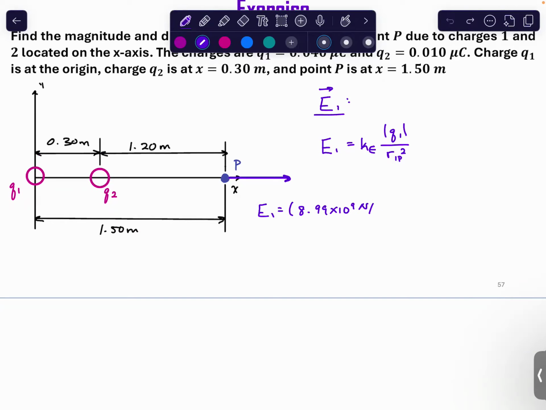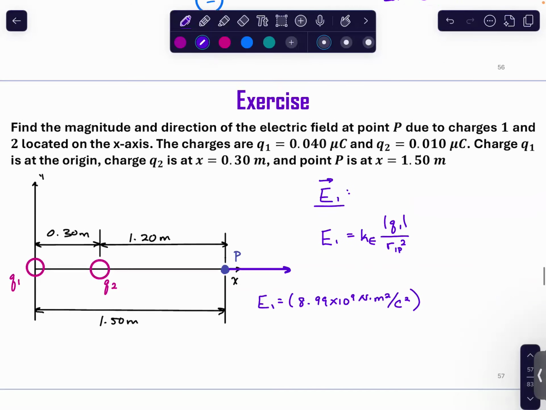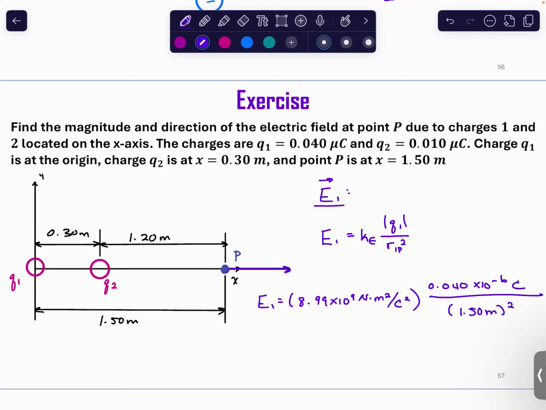Nope, that's not quite right. It's Newton meter squared per Coulomb squared. There we go. Then our charge one is 0.40 microcoulombs. How are we going to put that into the problem? Yep. And then our distance from 1 to P is going to be 1.50 meters squared.